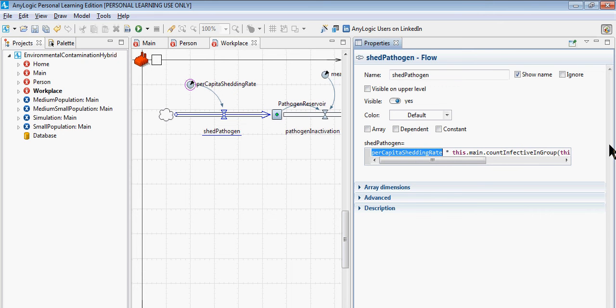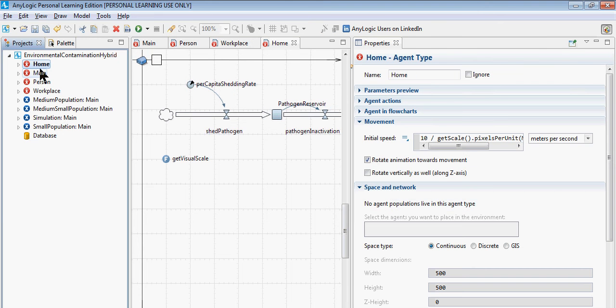By contrast, ladies and gentlemen, for shedding of pathogen, this is where it gets particularly interesting. For the inflow, they have a per capita shedding rate times some number that's based on the number of infective people who are within range. We're counting the number of infected people who are in range.